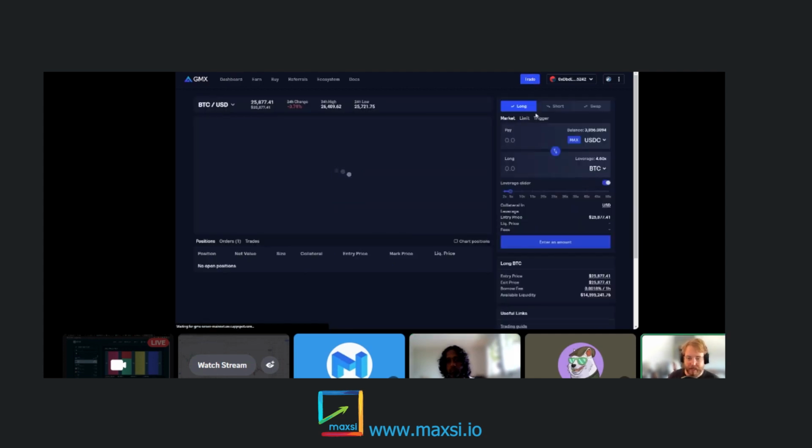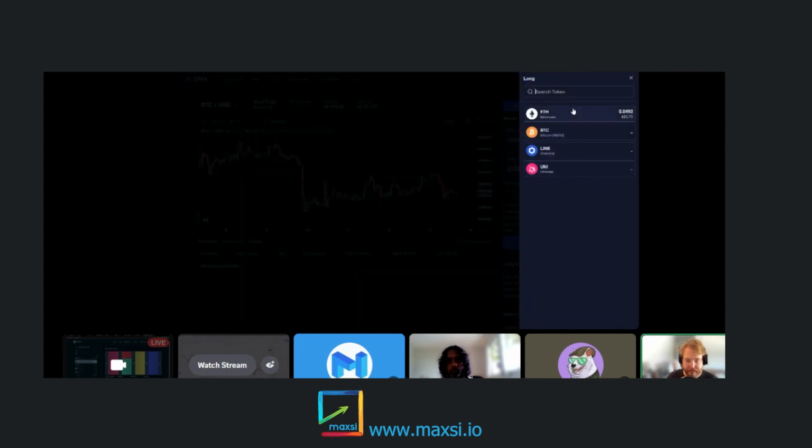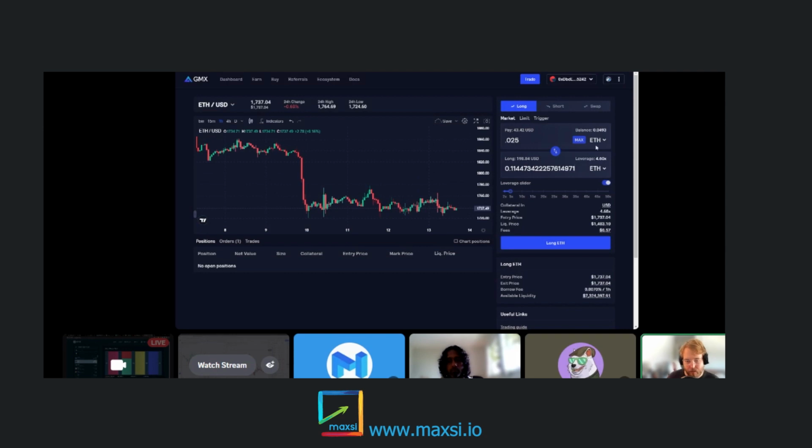In the same way, if I'm using Ethereum, I could, for example, take a 0.25. So that's $43 position, and I could take a long position on any of the assets available. So I could use Ethereum to go long Ethereum. But the second that I make this position, when I sign this transaction, it takes the value of the Ethereum, which is currently $43, and that becomes the reference price to this long.